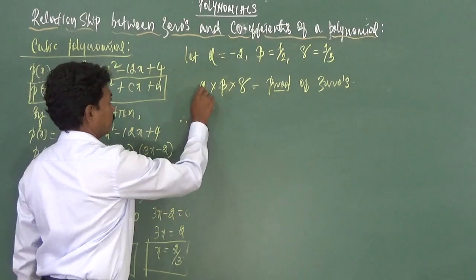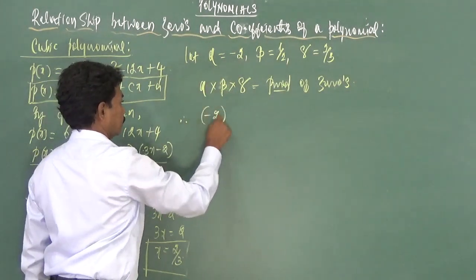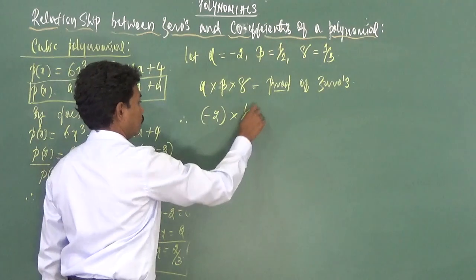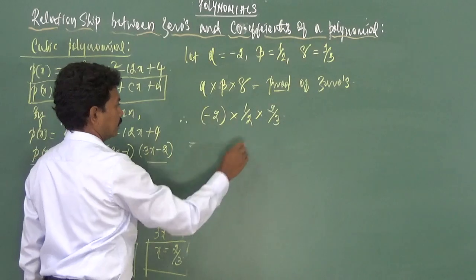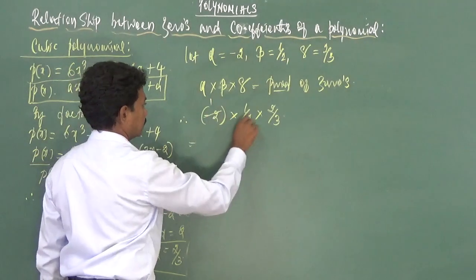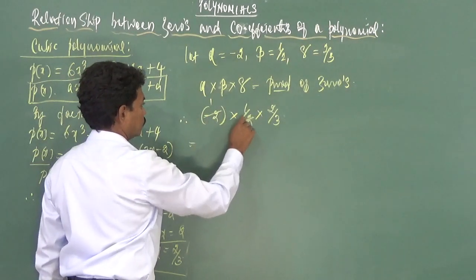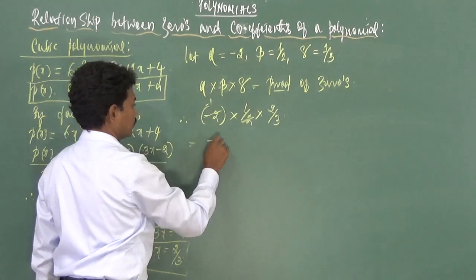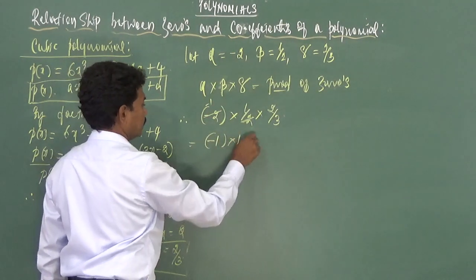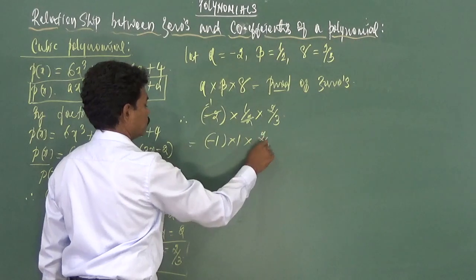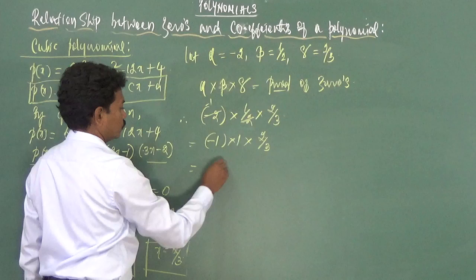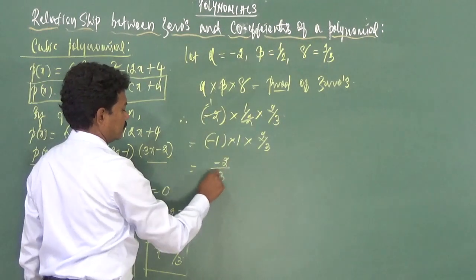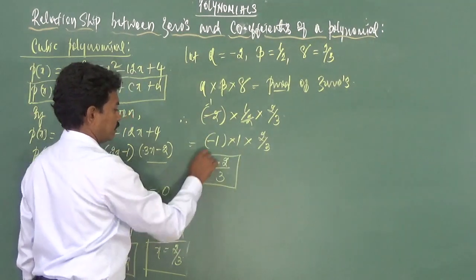So therefore alpha is minus 2 into beta is 1 by 2 into gamma is 2 by 3. When you multiply all these, we get minus 2 ones are minus 2, 2 ones are 2, minus 1s are minus 1 into 1 into 2 by 3, that is 2 by 3. So that becomes minus 2 by 3. So minus 2 by 3 we have got.